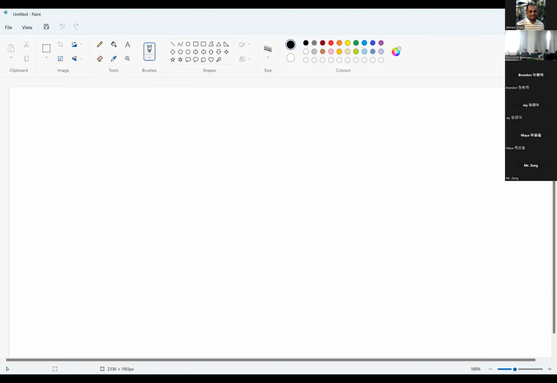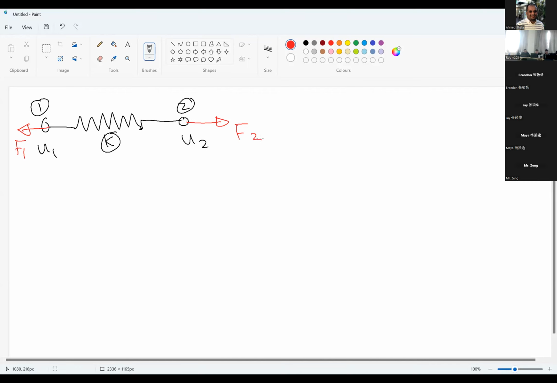So if we have the spring here, we have node 1, node 2, and U1, U2, and the stiffness K, and we have F1 and F2. What we know is the general rule, F equal to K times delta.